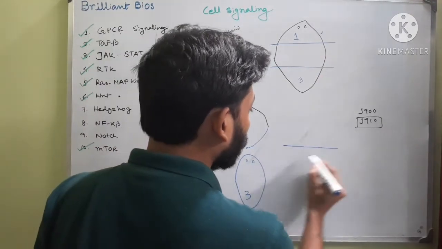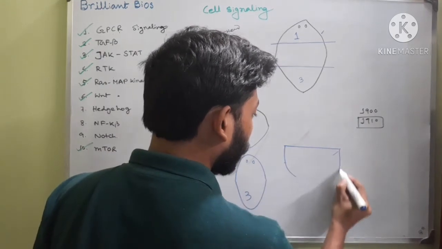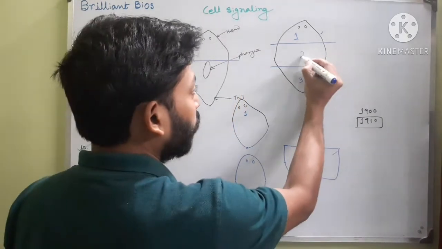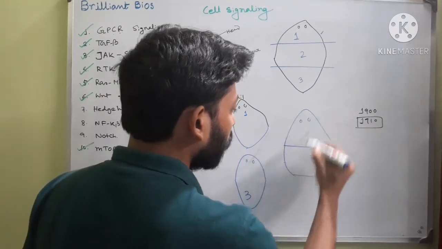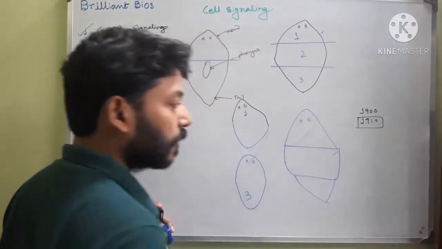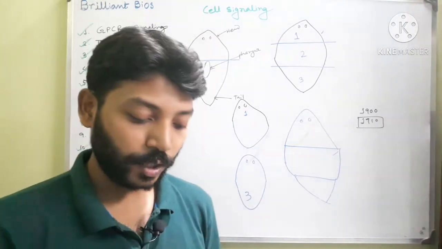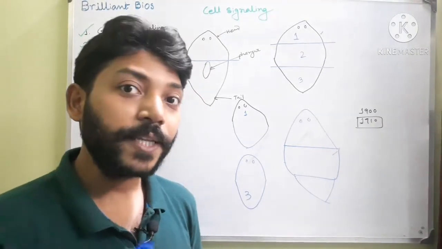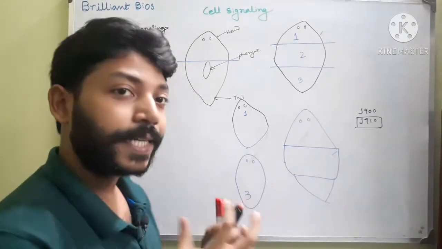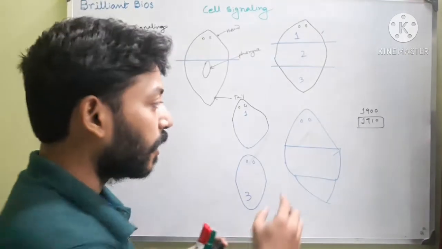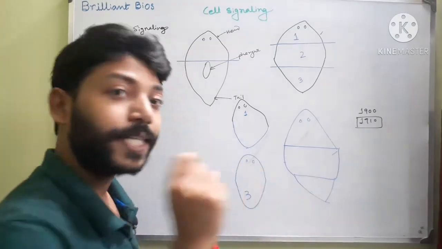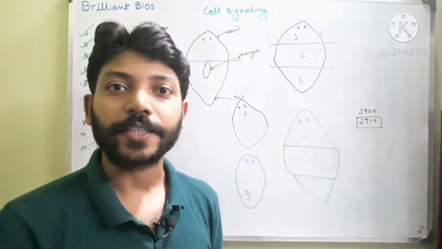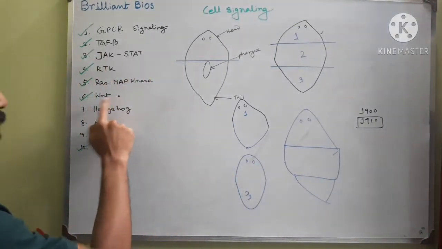And from the second fragment, the upper portion developed head and the lower portion developed tail. He mentioned that maybe there is a molecule that helps in this regeneration, so that the anterior portion will develop head and the posterior portion will develop tail. And that is the case of the WNT protein.